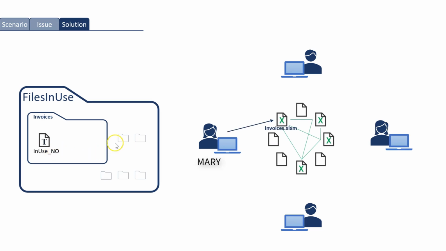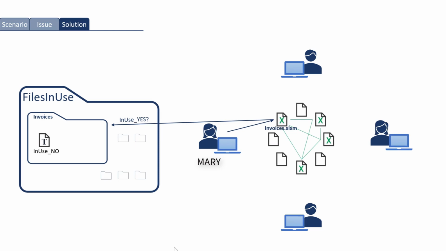So now comes Mary. She wants to use the Invoices XLSM file. She wants to edit that file. She is prompted to enter the password to edit. She does that, and she gets access to opening the file for editing. On the open event of the file, the first thing that the file will do is go and look for the Invoices folder inside the Files in Use folder and check if there is a text file there called inuse_yes.